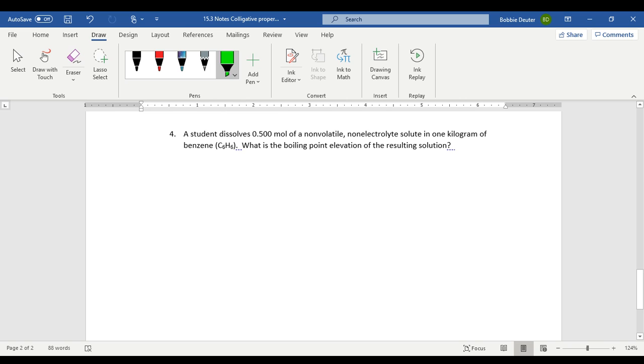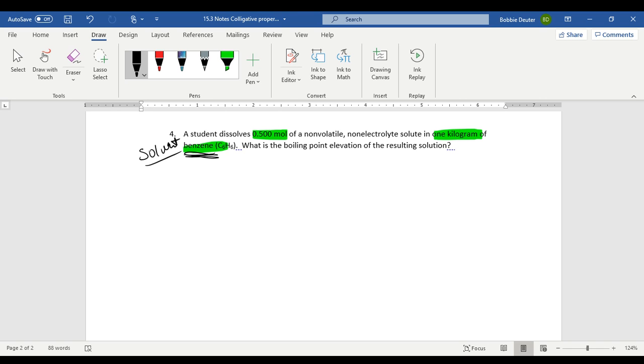All right, so a student, this could be you, dissolves 0.5 moles of a non-volatile non-electrolyte solute in 1 kilogram of benzene. Notice this is dissolving, so benzene is your solvent. That's your solvent right there. What is the boiling point elevation of the resulting solution?